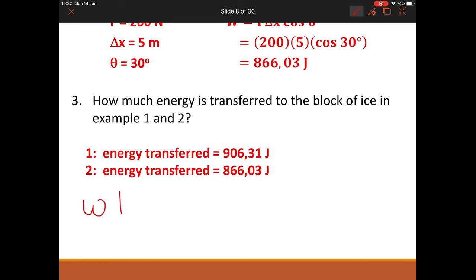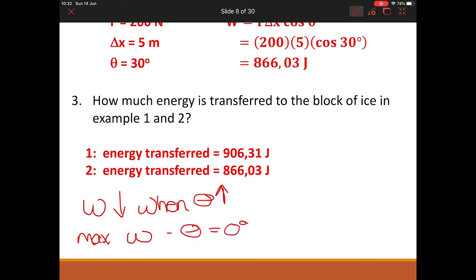So please remember, and I'm just going to write it in here for you, that work decreases when theta increases. That's really important. Maximum work is done when theta equals 0, or 180, it's just going to be work that's negative.